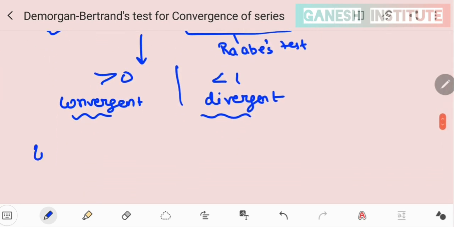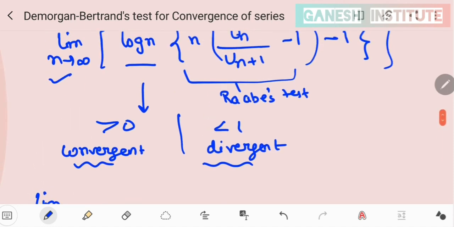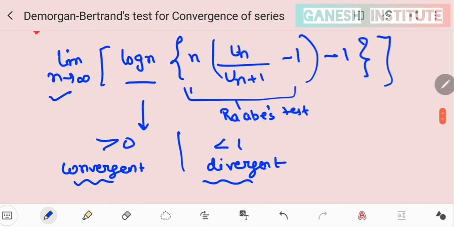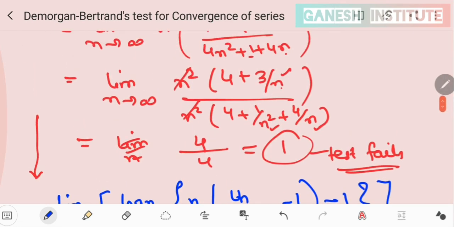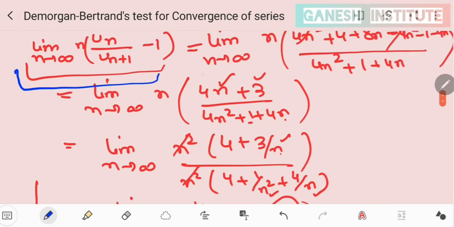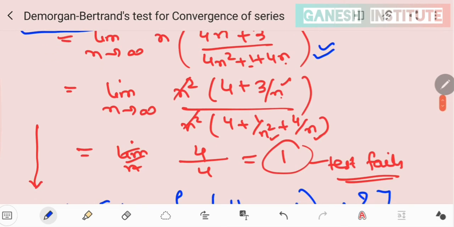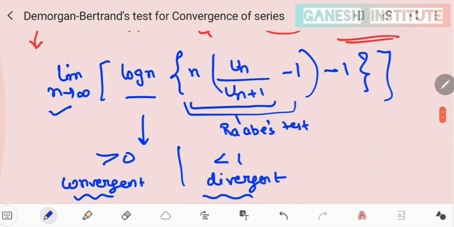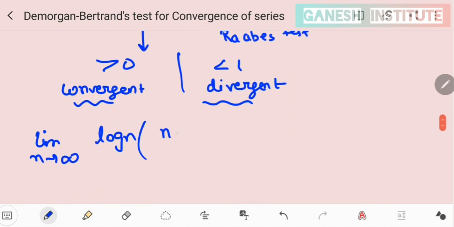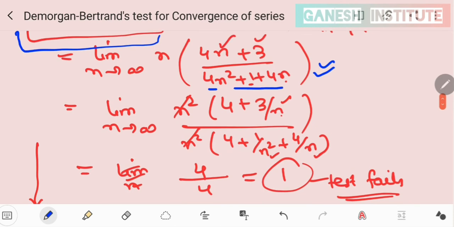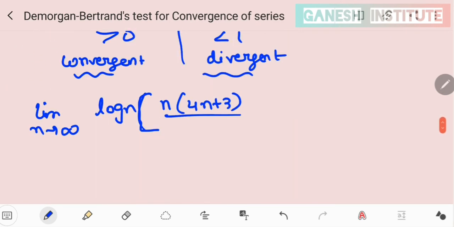So you have limit n tends to infinity, here log n, then this bit you have already found out, which is n into 4n plus 3, and in the denominator you have 4n square plus 1 plus 4n, right?